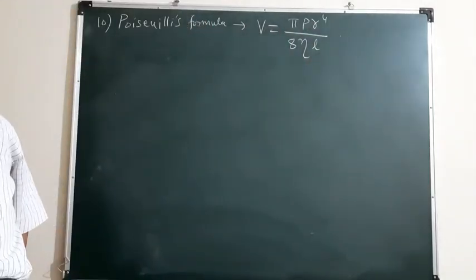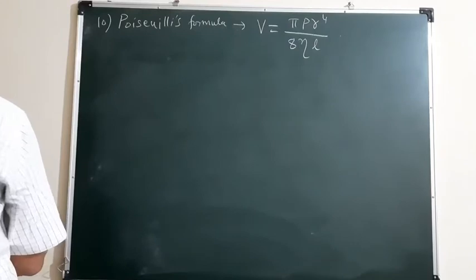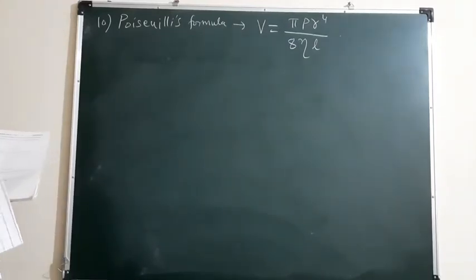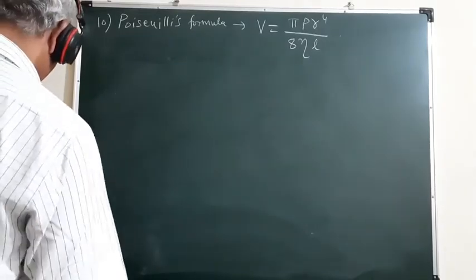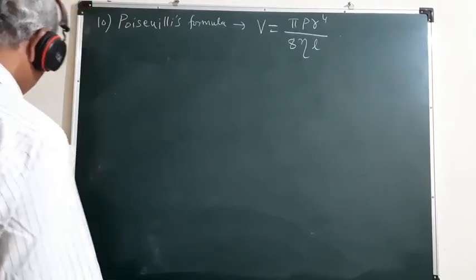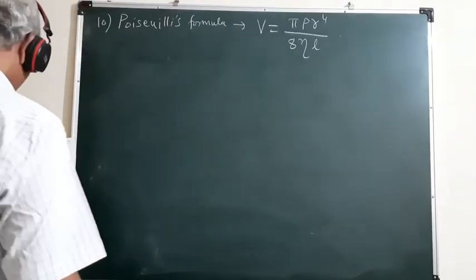Now, if this expression gives the volume rate of flow of a fluid, then there are certain errors introduced in the measurement of the pressure difference, the radius of the capillary tube and the length of the capillary tube.